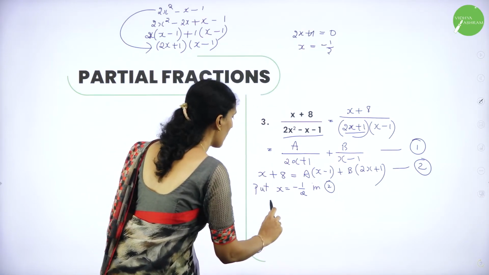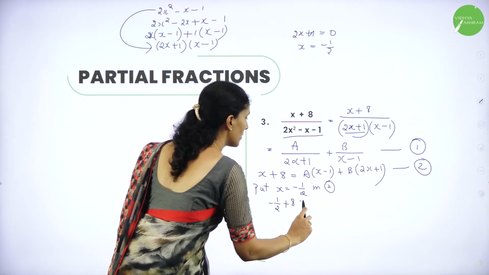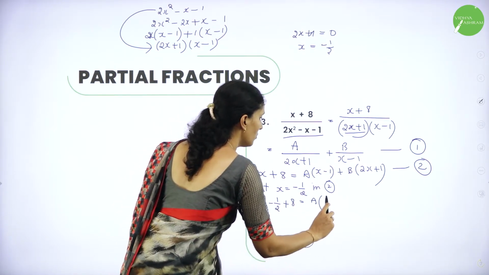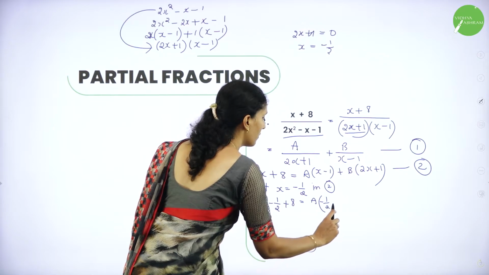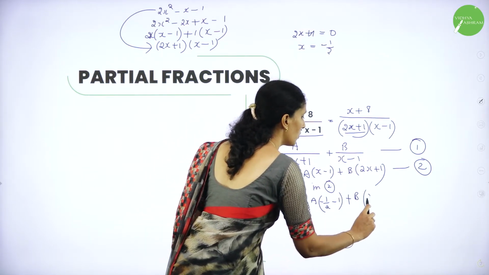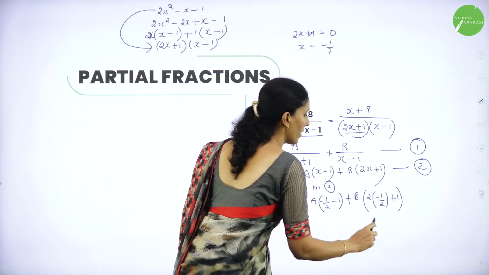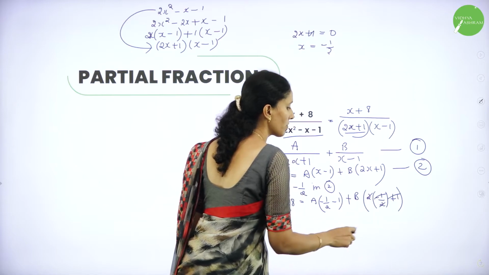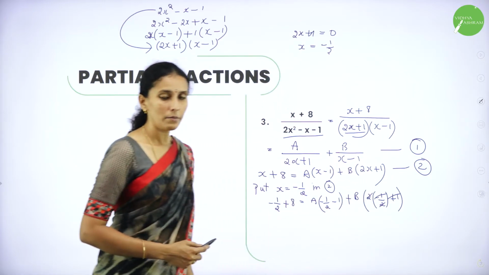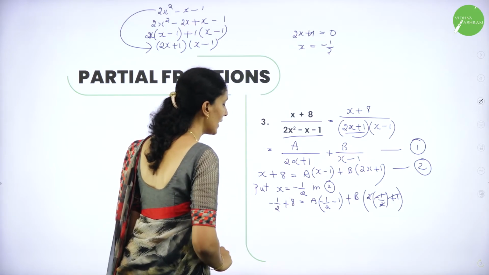Here it is minus half plus 8, so a into minus half minus 1 plus b into 2 into minus half plus 1. 2 into minus half, minus 1 plus 1 gets cancelled. The term containing b will become 0.